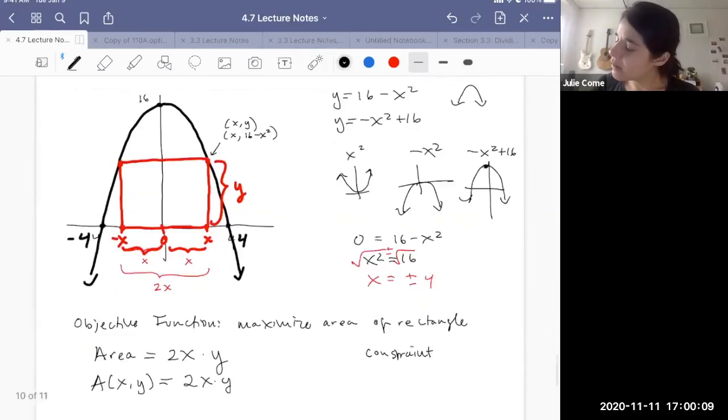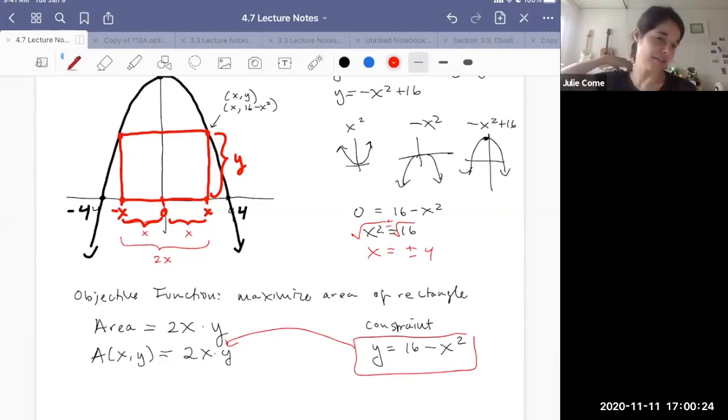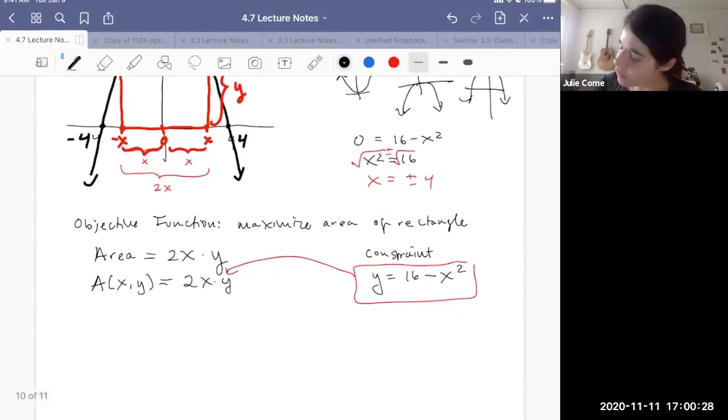So my constraint is really the fact that on the parabola y is equal to 16 minus x squared. Perfect. I'm ready to substitute for y in my objective function. That's going to give me an objective function that is only in terms of one variable x, by replacing y with 16 minus x squared.